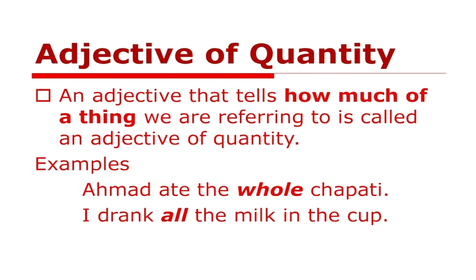But here we cannot count the milk. It tells us the quantity. So here the word all is an adjective of quantity. And as I was saying, when we use it with uncountable nouns, they become adjectives of quantity. Dear children, let us see some more examples to make this concept more clear.